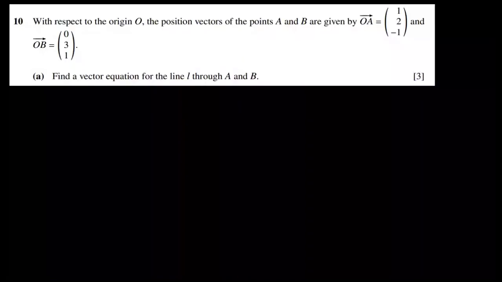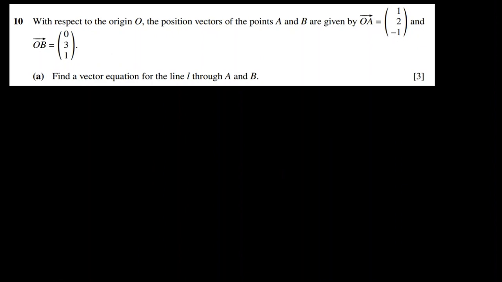Question 10. With respect to origin, the position vectors of A and B are given. OA is 1, 2, minus 1. This is A, this is origin. I'm not drawing the actual axis because in 3 dimensions it is difficult to show the positions of vectors.